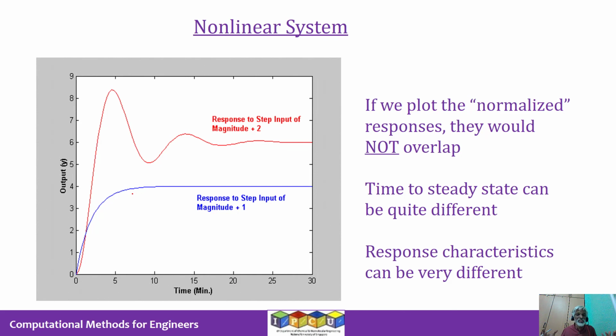And the time to steady state, for example, this reaches in about 8 to 9 minutes. If you make a change of +1 in U, the system responds in about 7 to 8 minutes. Whereas if you make a change of +2, the system is oscillatory and it probably takes about 20 to 22 minutes to reach steady state.